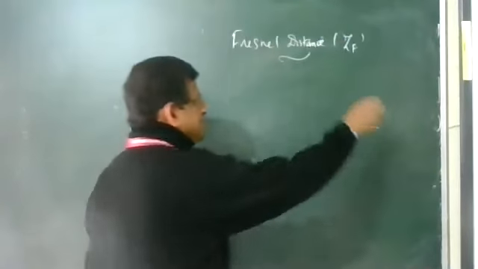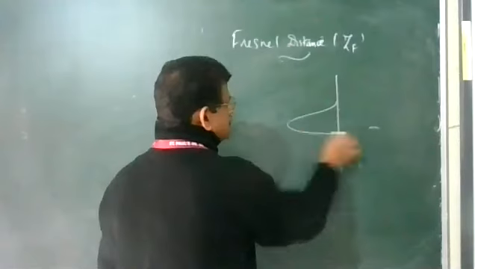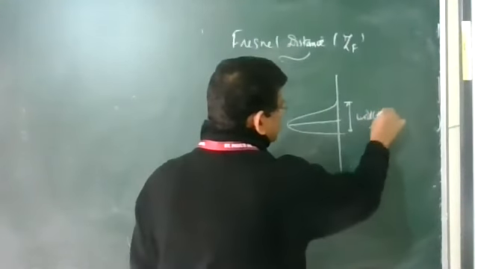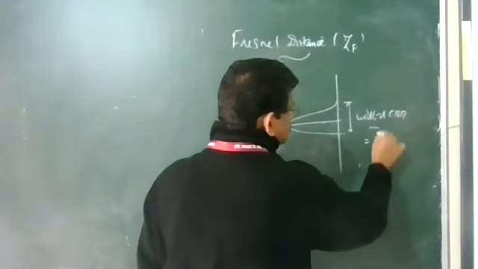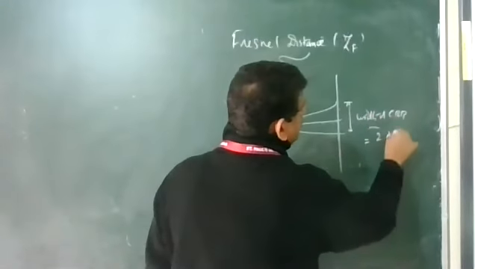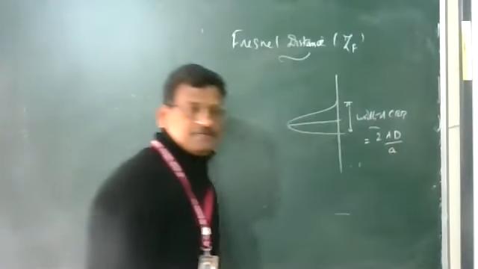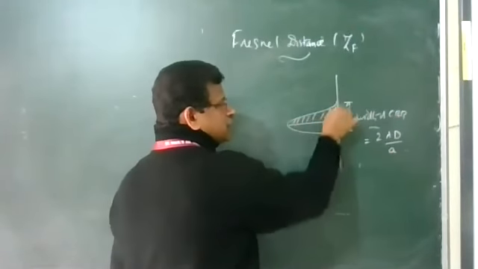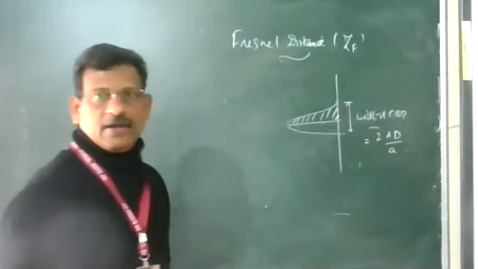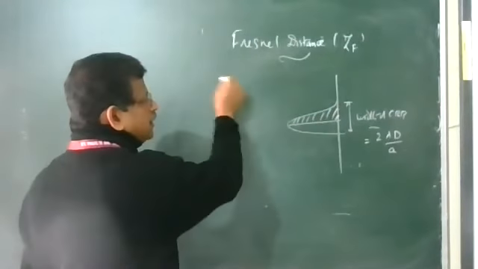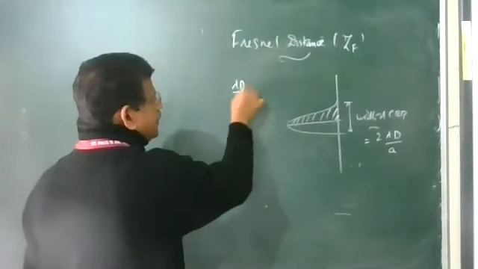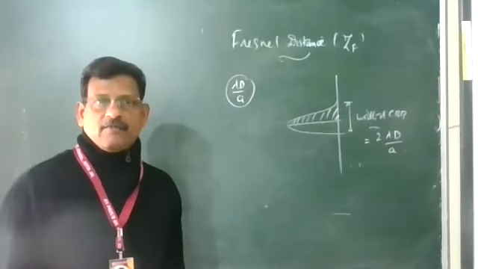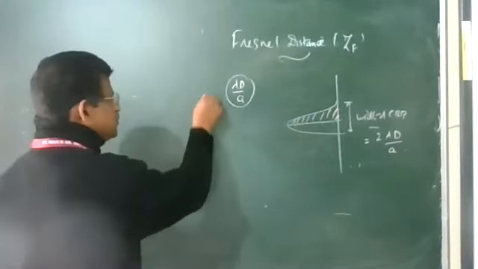For this, you can just see the width of the central maximum. The width of the central bright band is 2 lambda D by a. What is the half width of the central maximum? Half width will be lambda D by a, where D is the distance of the screen from the slit.